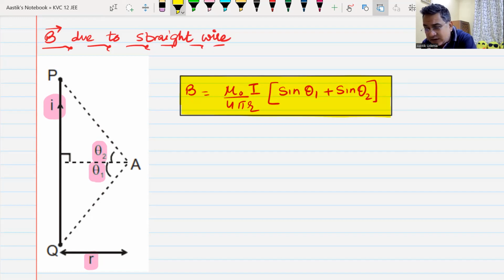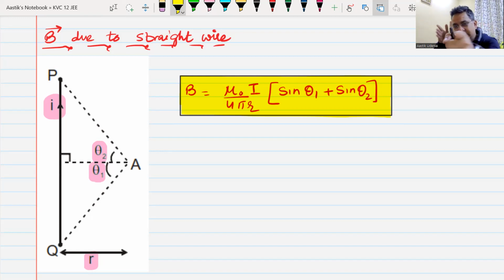You also have to find out the direction of magnetic field. So how will you find the direction of magnetic field? You put your thumb in the direction of current, and then you put your fingers in the direction of point A. As you can see from the board, my thumb is going in the direction of current, my palm I am trying to point in the direction of A, and you can see where my fingers curl.